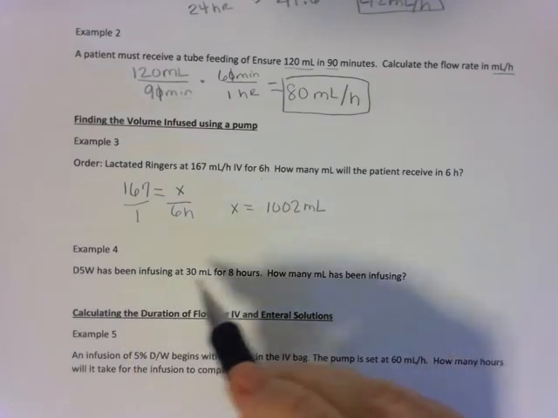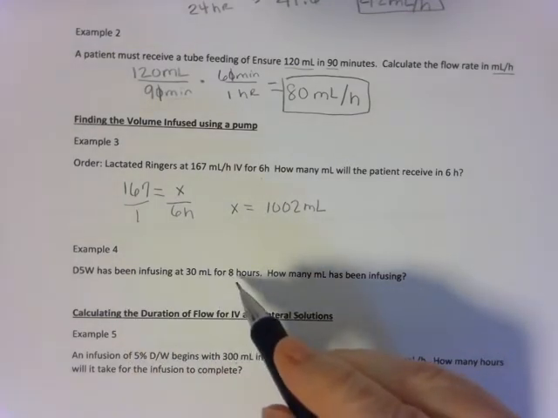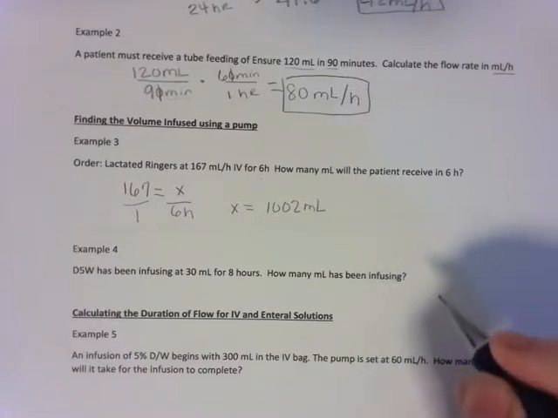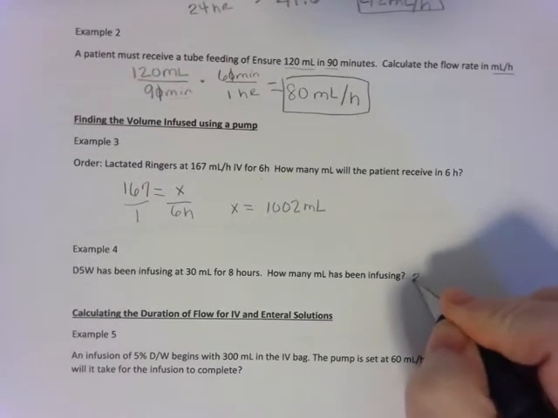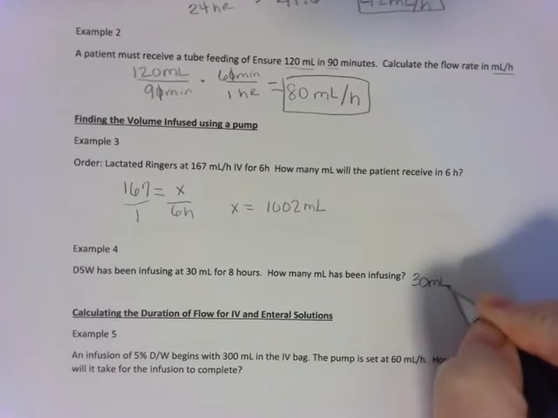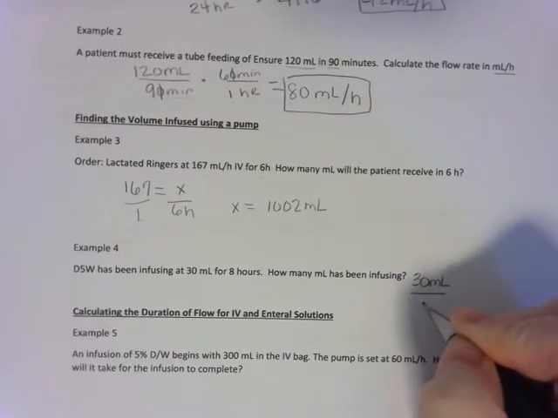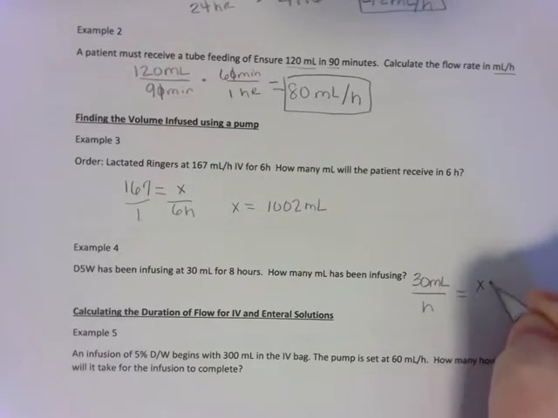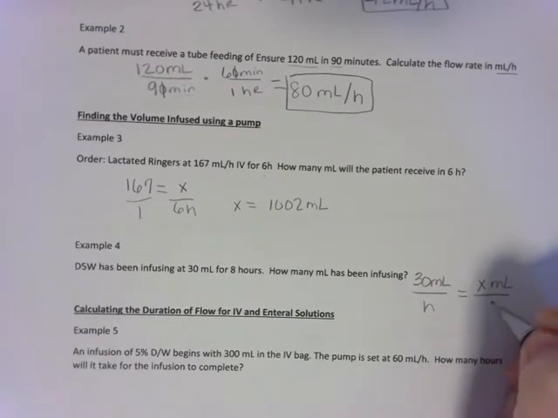An IV has been infusing 30 milliliters for 8 hours. Again, I'm going to set this up the same way, 30 mLs per hour equals X mLs in 8 hours.